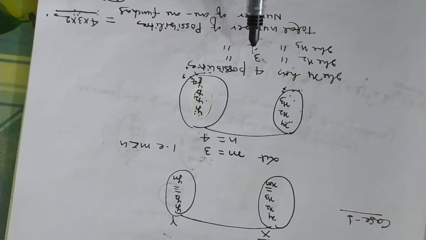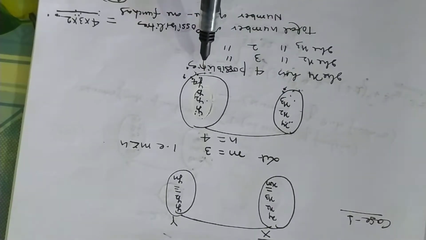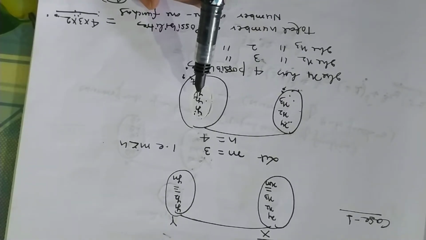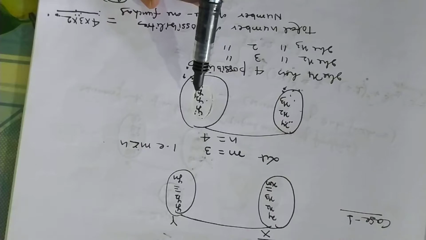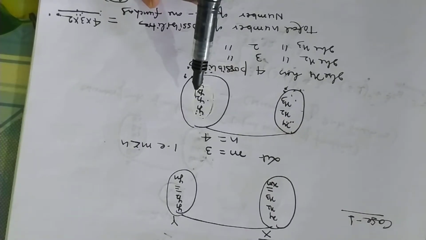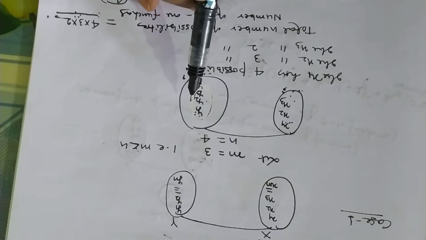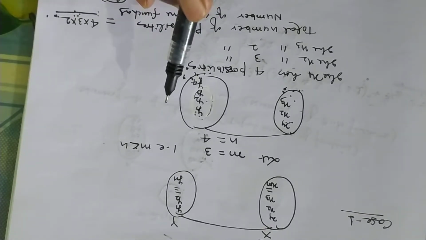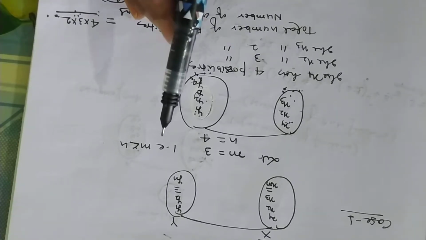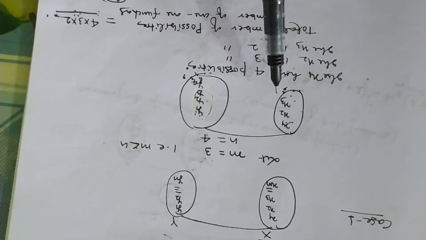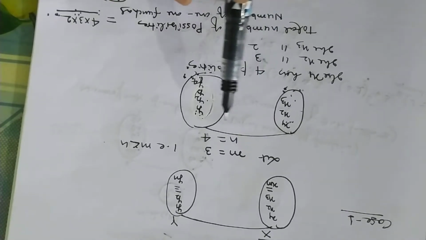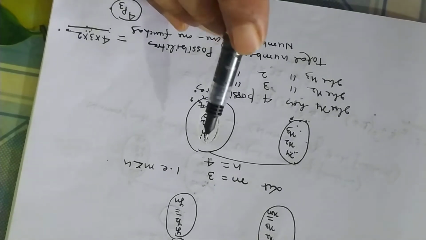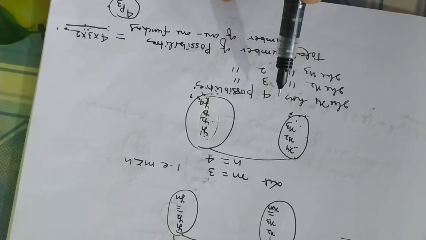Because it is a one-one function, X1 has 4 possibilities and X2 has 3 possibilities. After getting the image of any object, you will note here, my dear students, what I want to explain: in this case, every element has a unique image and also a distinct image in case of a one-one function.